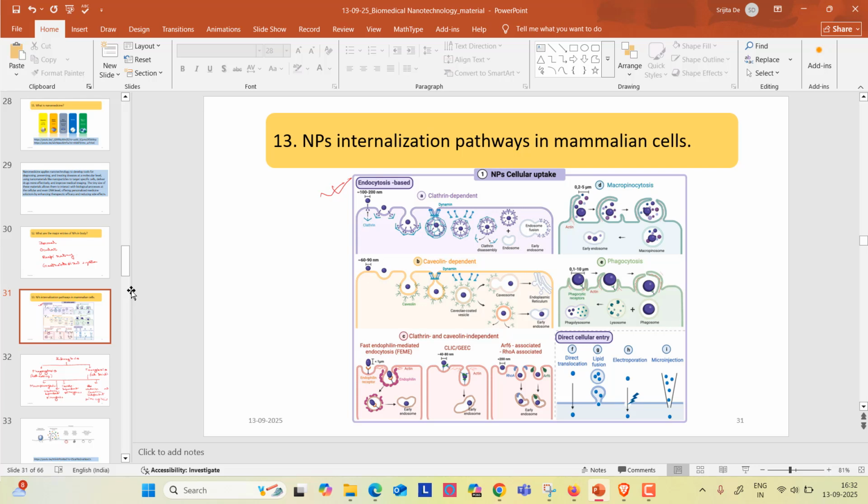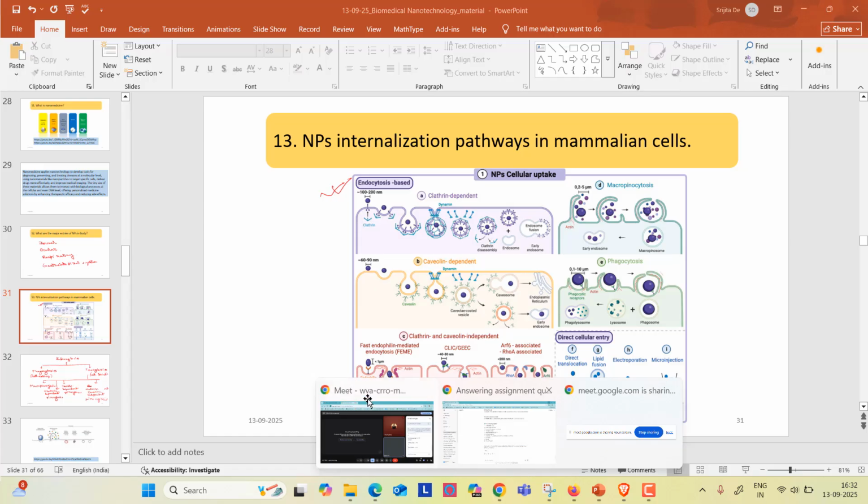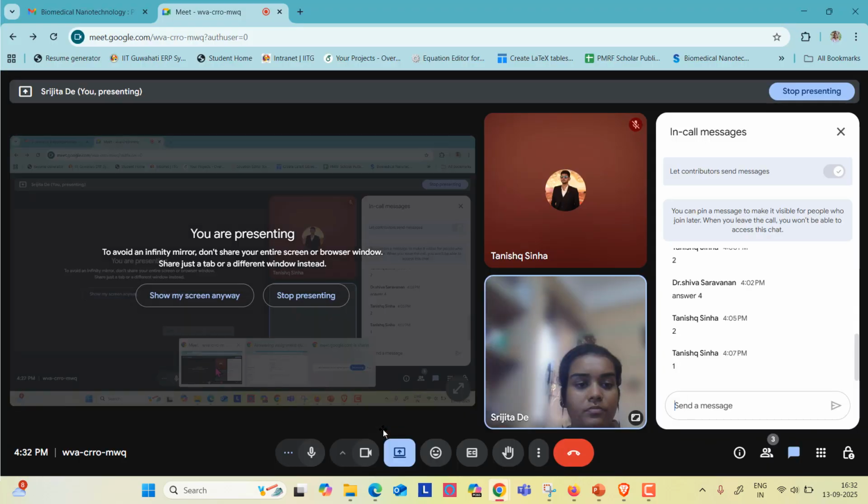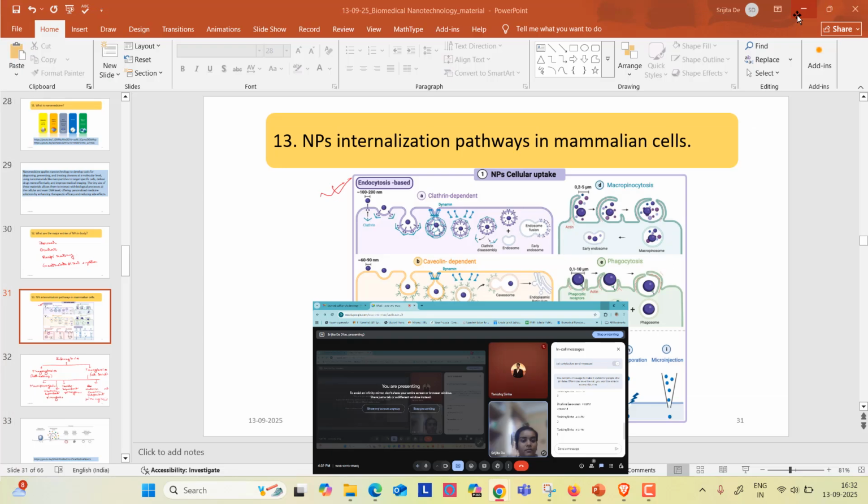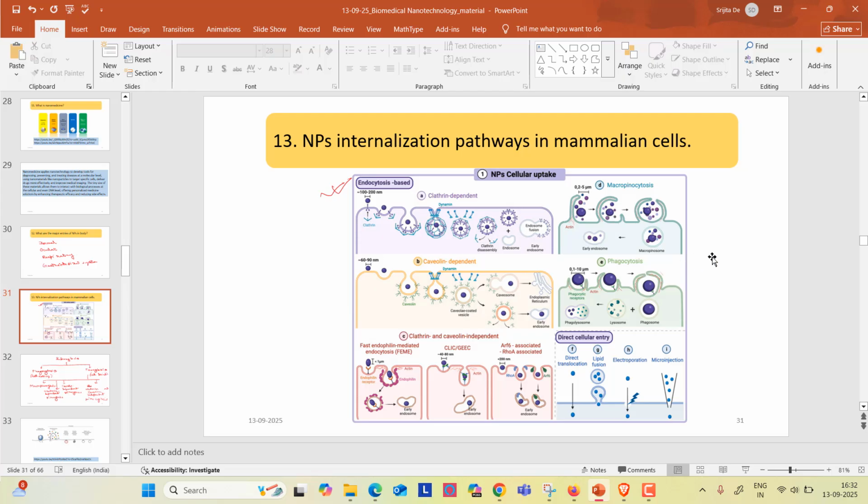So here you can see this is the endocytosis based. The first one is the clathrin dependent. So you can see this is the molecule. We'll discuss each of the endocytosis in detail, but first I am giving the overview. So first one, you can see there, this is a particle.